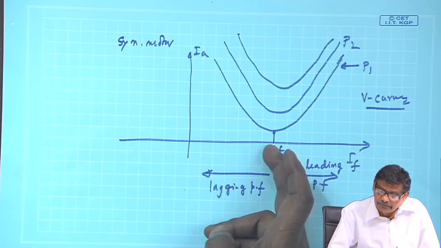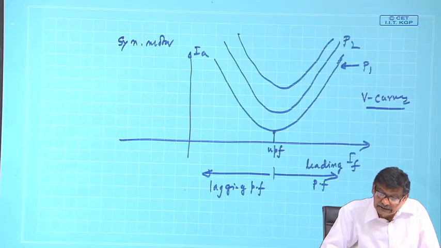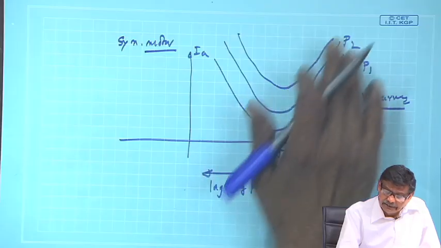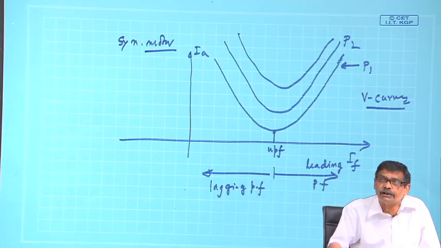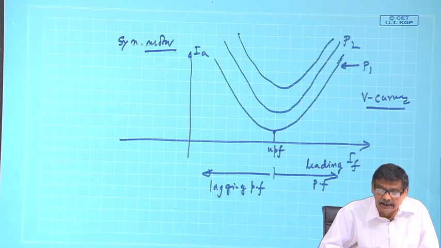Of course, you have the option also at unity power factor. In case of generator, it will be of similar nature, but this leading will come here, lagging will go there. That is, over excited synchronous generator will operate at leading power factor, under excited synchronous generator operate at lagging power factor.